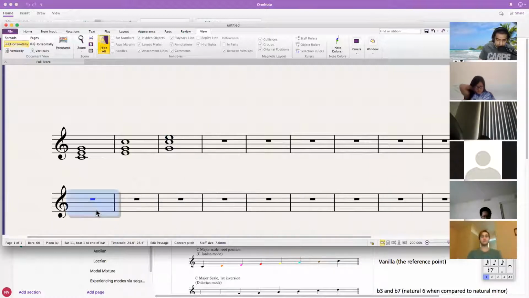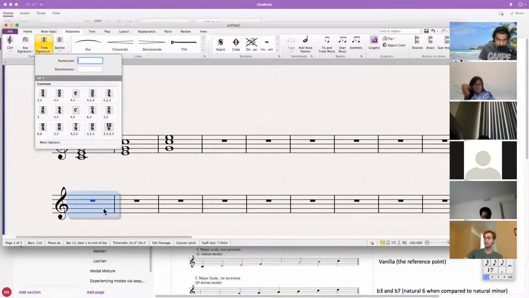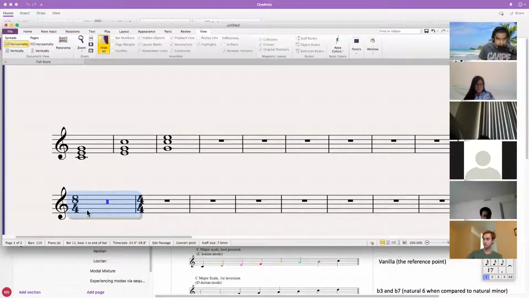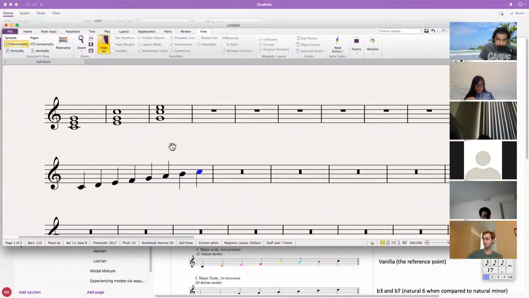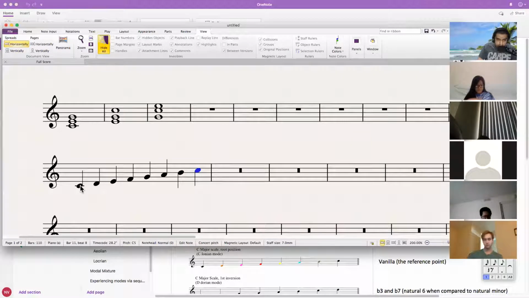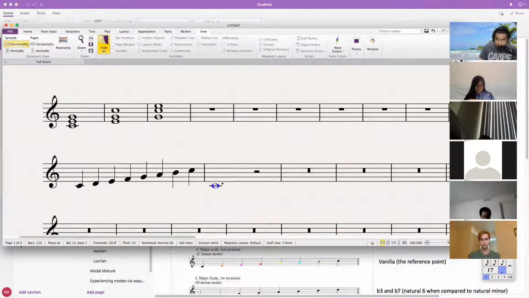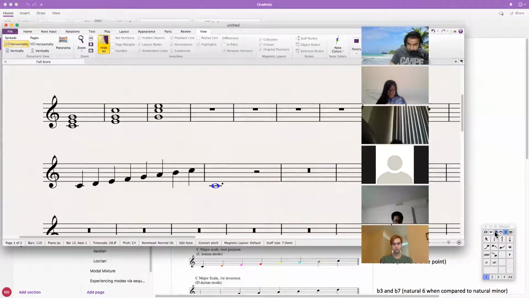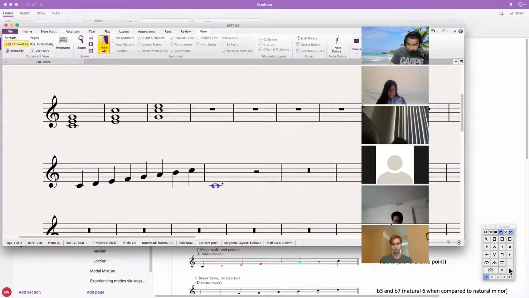In fact, let me do this. What if I took a scale like this and I just inverted it? So for one, I can actually take this entire scale and I can think about it like this.